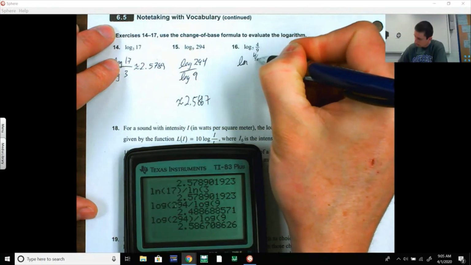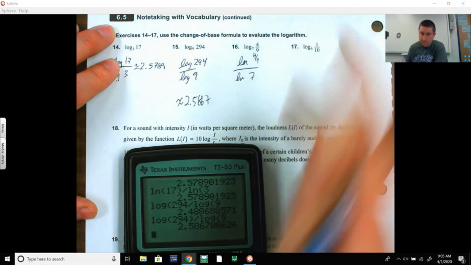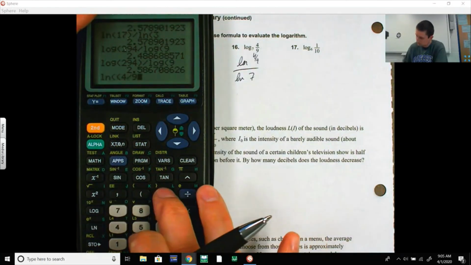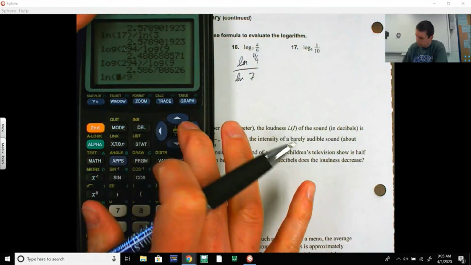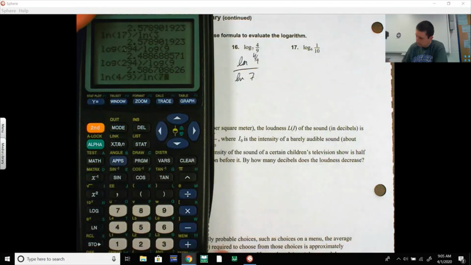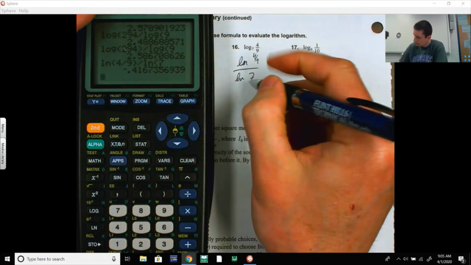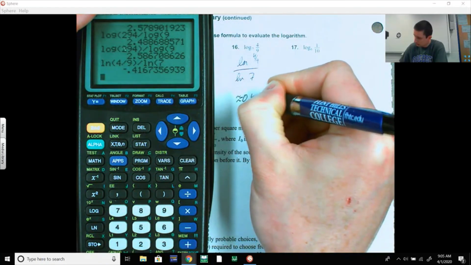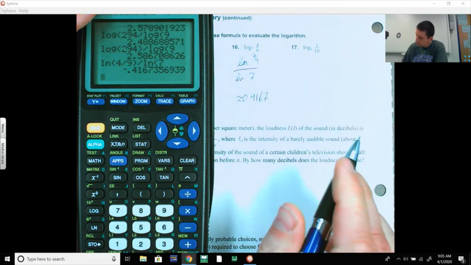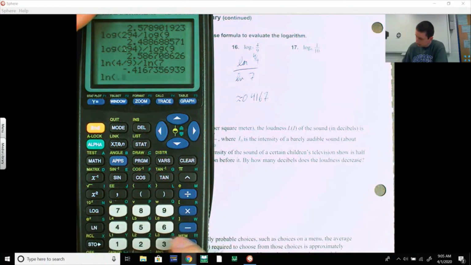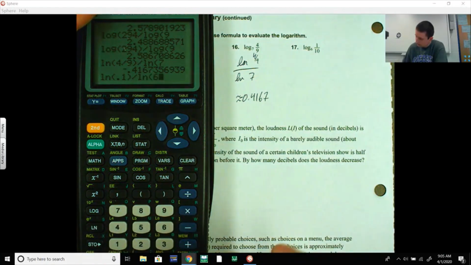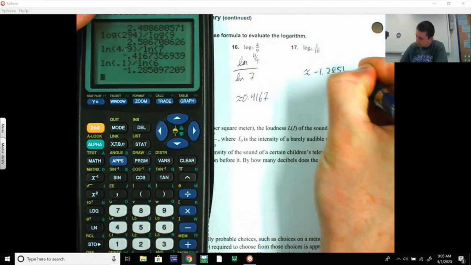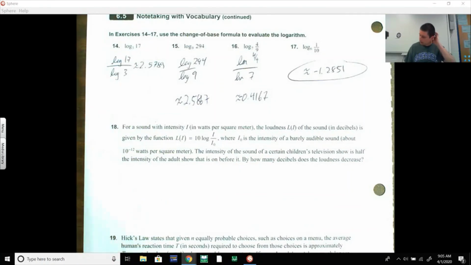It's going to be the log of 4/9 over the log of 7. -0.4167. And finally, log of 1/10 divided by the log of 6. -1.2851. Okay, that's it. No word problems.